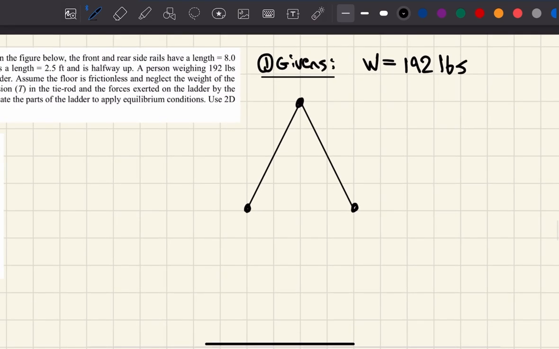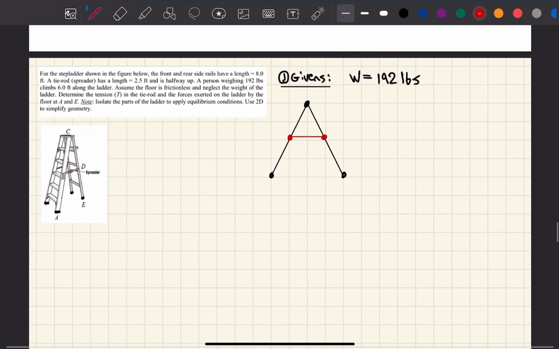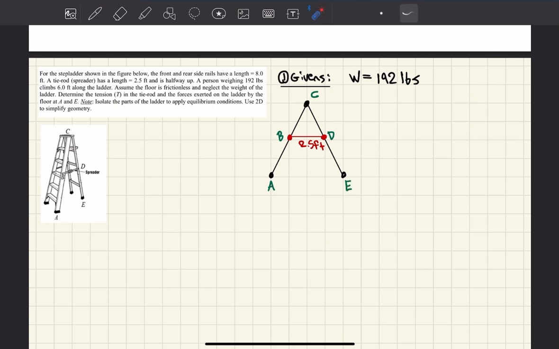Perfect. If, for example, you have the tie rod around here, we know that the tie rod is 2.5 feet, right? And we have points C over here, points D over here, points B over here, and points A and E. The ladder, in terms of length, from here to here is 8 feet.